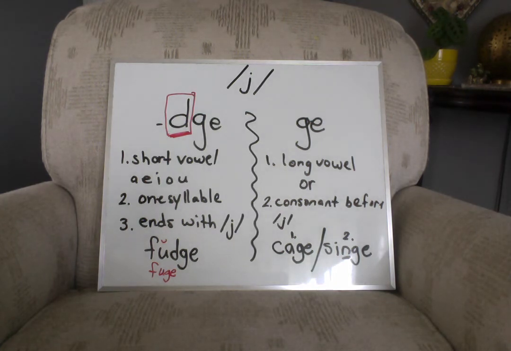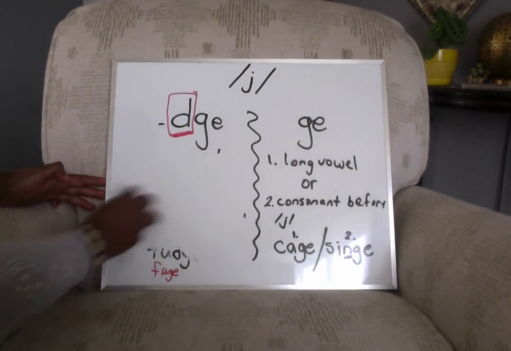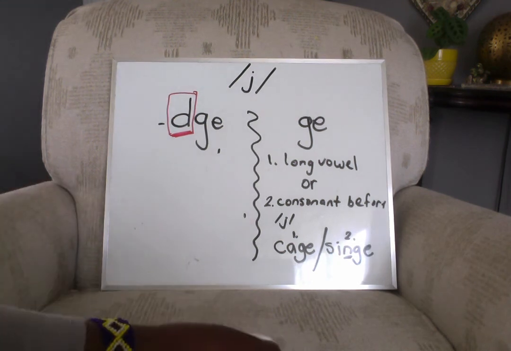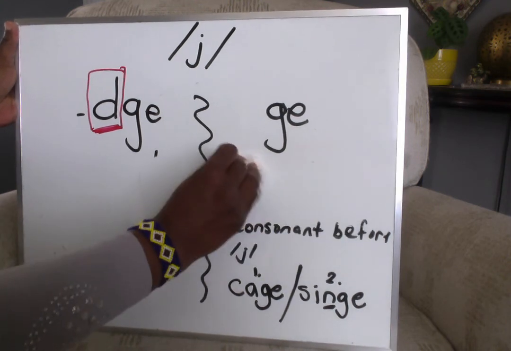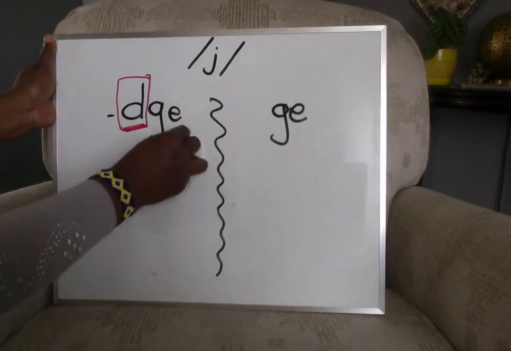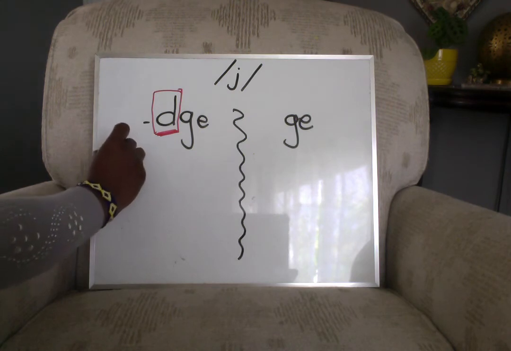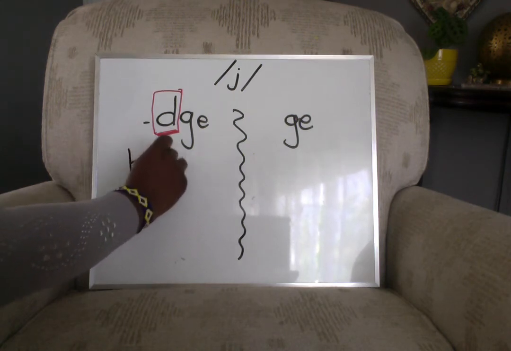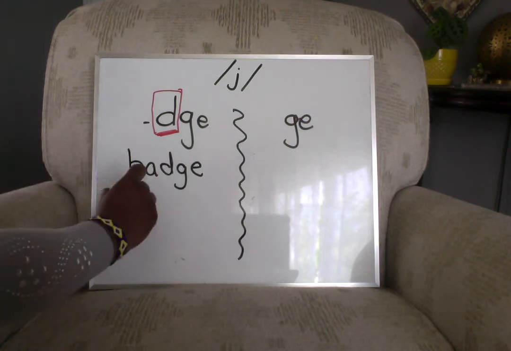Let's take a look at some words. J. Short vowel, one syllable. Fudge. We already did. Badge. Sledge.